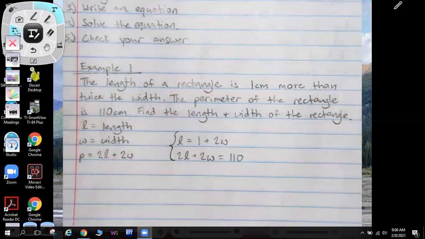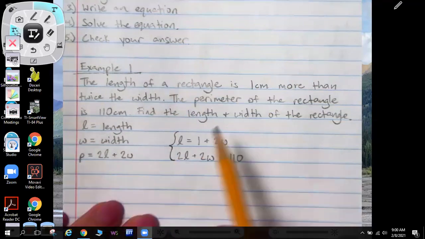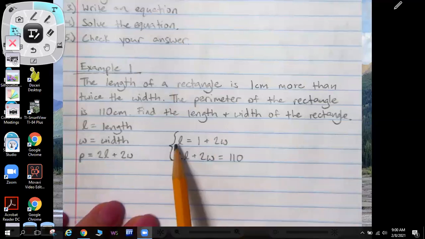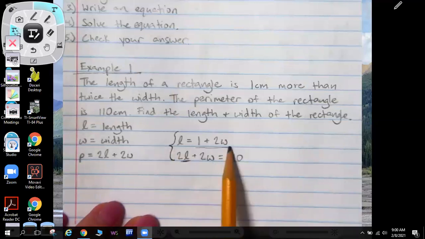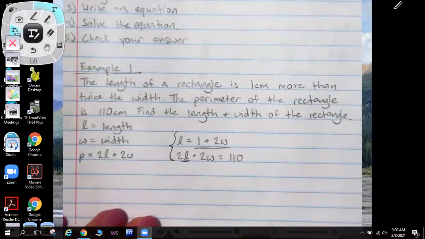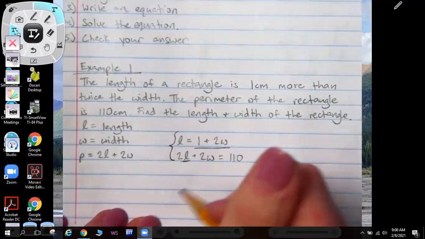So we did this before Christmas break, solving systems of equations. This first equation is already solved for L. So I'm going to take this L in my second equation and replace it with 1 plus 2W because those are equal values. And that's how I'll be able to solve.